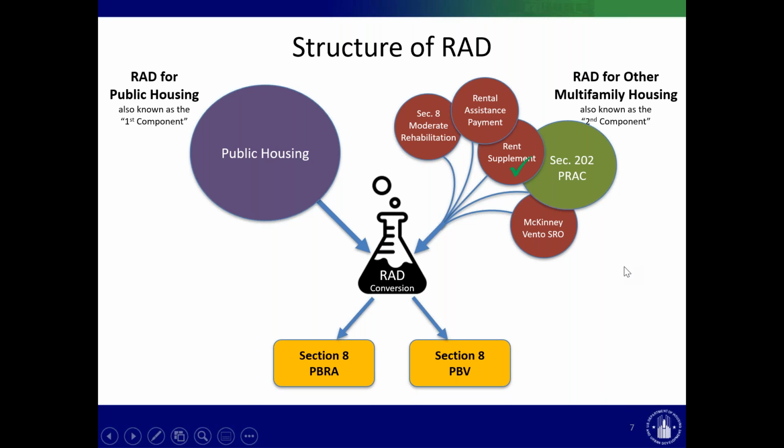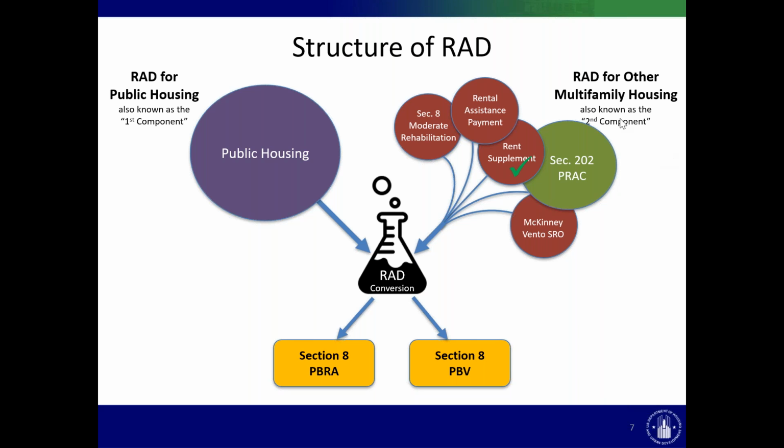RAD is a larger umbrella of properties that 202 PRACs are fitting into. We've got first component conversions, which covers public housing, and then we have what are known as second component conversions, which cover mod rehab, rent sup and RAP, and now 202 PRACs.